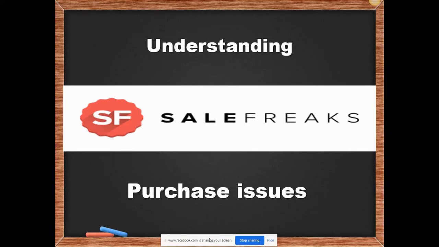So for example, purchase issue is a great example of orders that failed to get processed automatically, and we need to understand why. Because if we ignore it, then we'll have angry customers and bad customer service, which potentially could lead to us going down in seller level, and we don't want that.